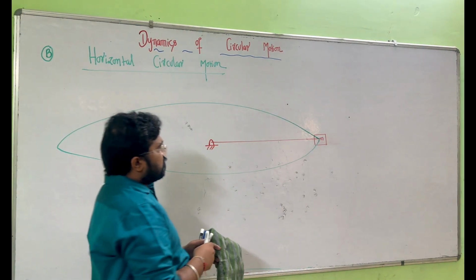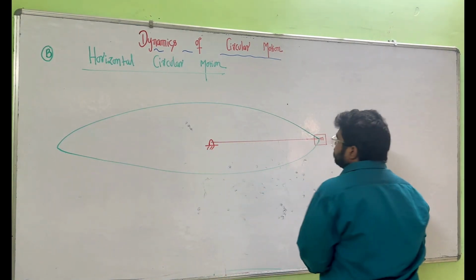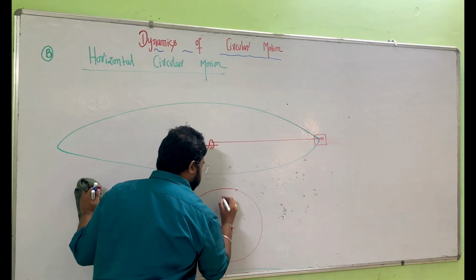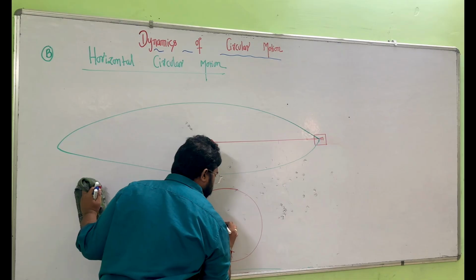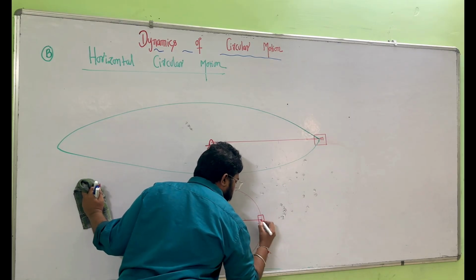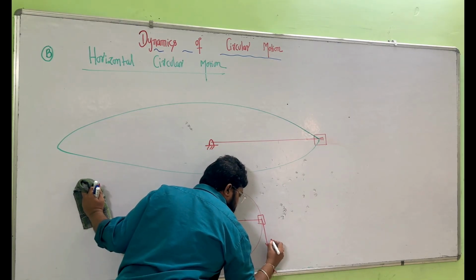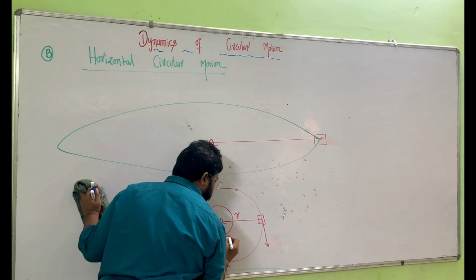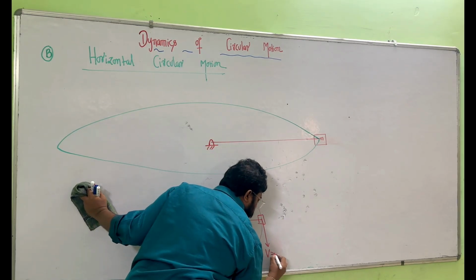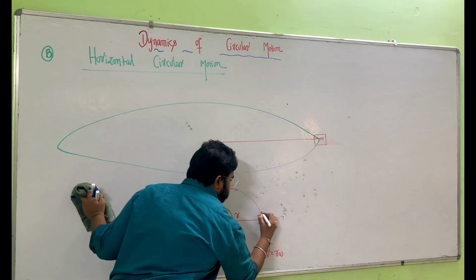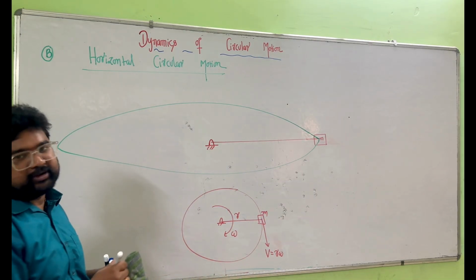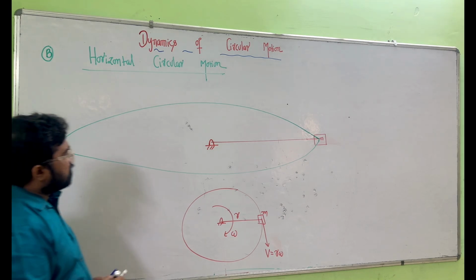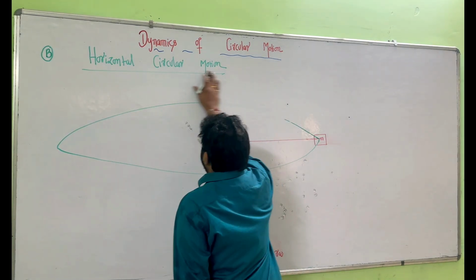Here there is no effect of gravity. If you see from the top, what is the top view of it? This is the point mass, this would be omega, this would be V, and R. If it is rotating like this, V equals R omega. If you see from the top, it looks like this only. Understood?